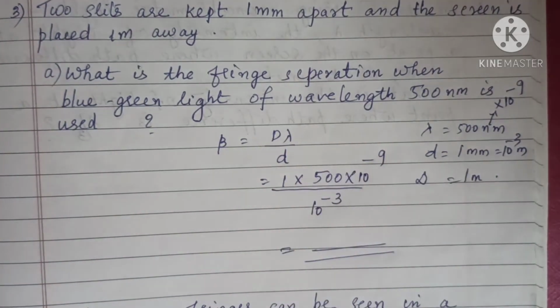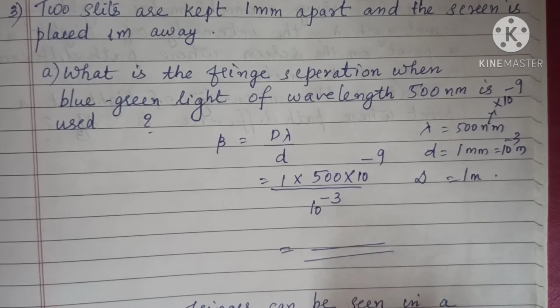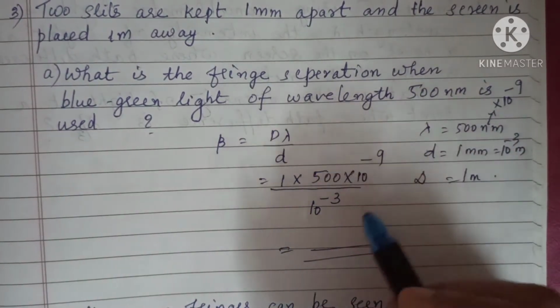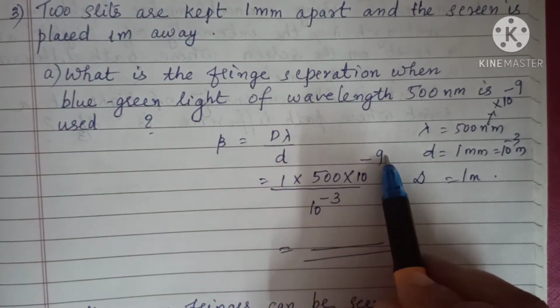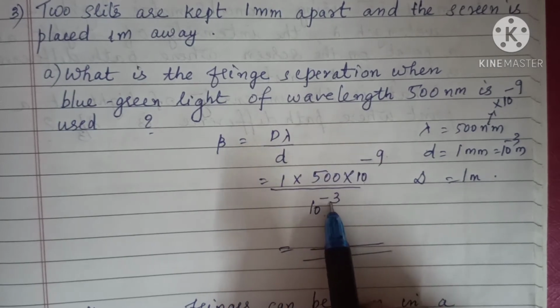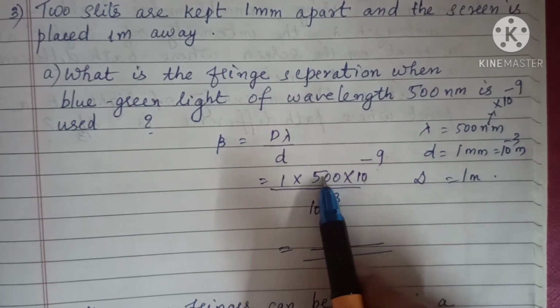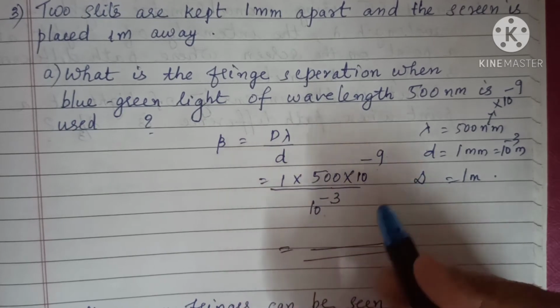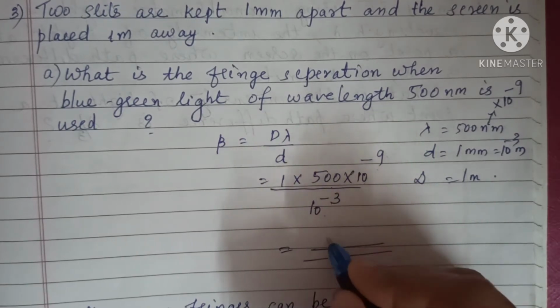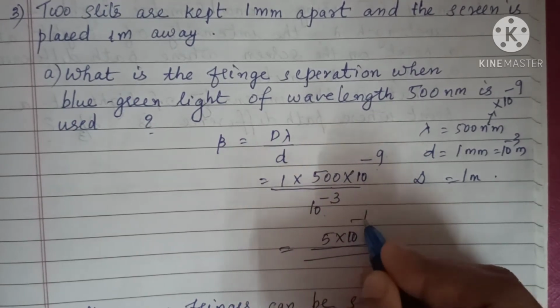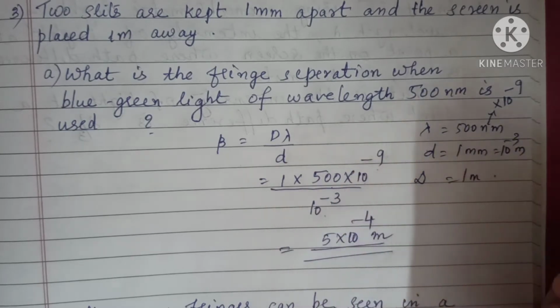Now the second question is, here you can find the value. 500 into 10 power minus 9 by 10 power minus 3, that is 10 power minus 6, and here it is plus 2. So you will get 5 into 10 power minus 4 meters. Isn't it?